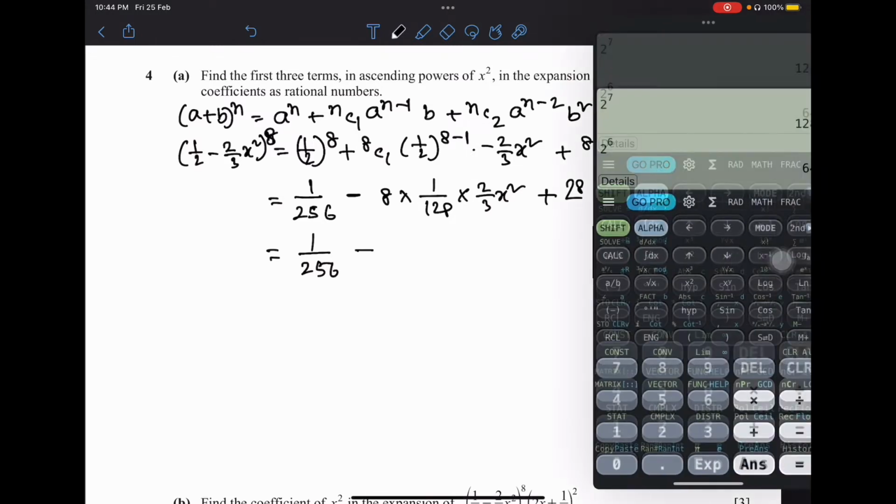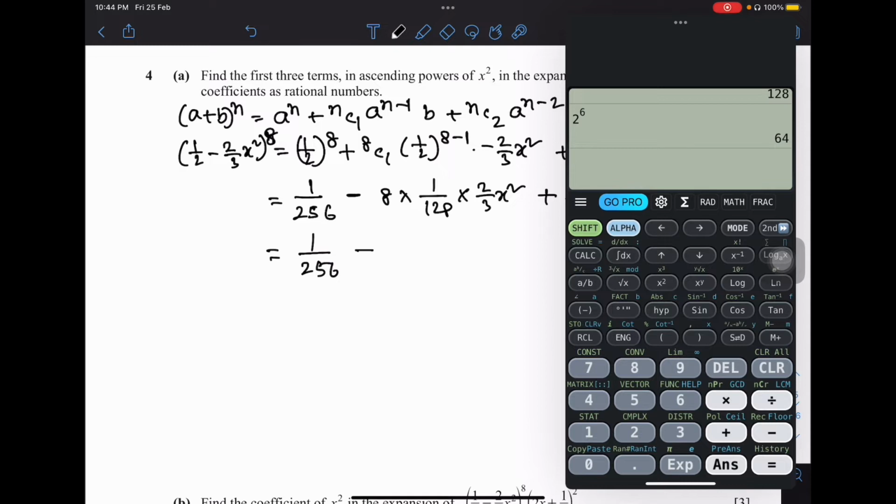If I simplify this one, 8 into 2 divided by 128 into 3.